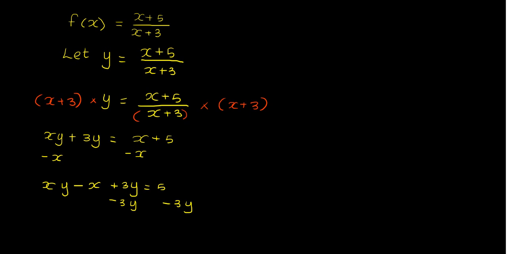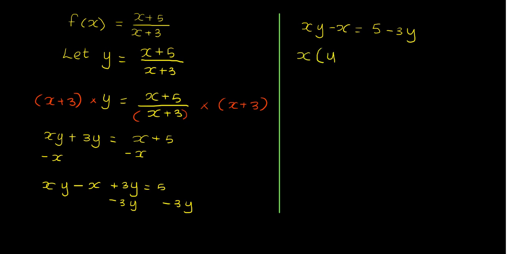I'm going to draw a line to split my page up. There we go. Okay, we are going to carry on. I am now left with xy minus x is equal to 5 minus 3y. Then I'm going to factorize on the left hand side so that I can isolate the x.